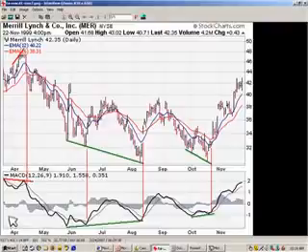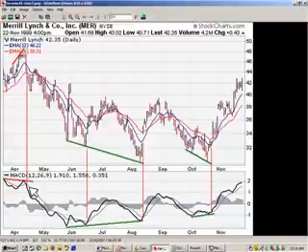I would like to point out that the histogram represents the difference between MACD and its 9-day EMA. If you notice that as the histogram gets larger, this is representing how wide the distance is between the MACD and the 9-day EMA.